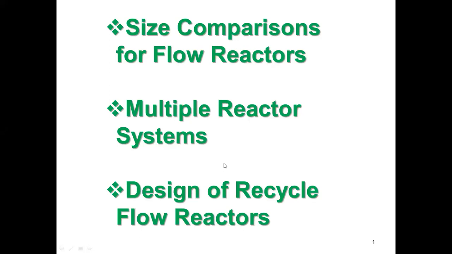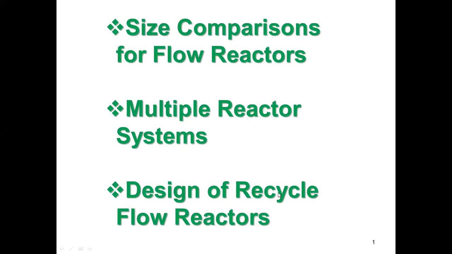It depends on the design for your particular multiple reactor system. That we will also be talking about here, and we will incorporate, of course, the performance equations that you have learned in the previous set of slides.